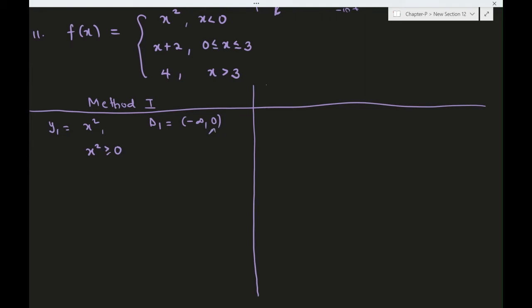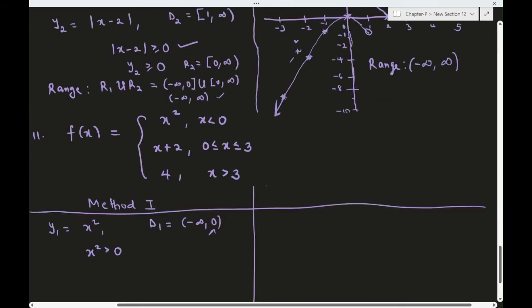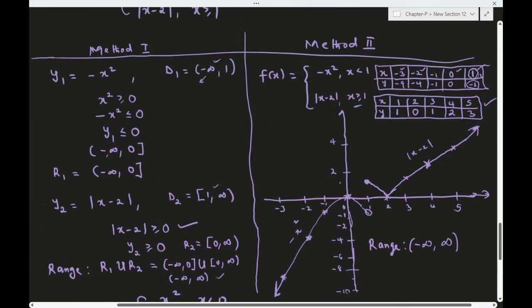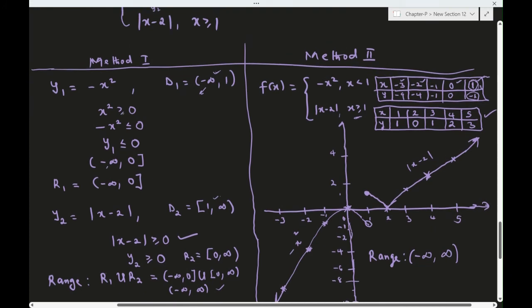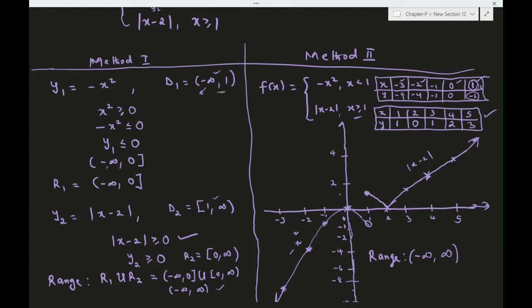So since there is no 0 in this domain, it means we don't need to get to 0. So x squared greater than 0, it's fine. Unlike in the first case, you see, here we said equals to 0, because in this domain, 0 is in this domain.